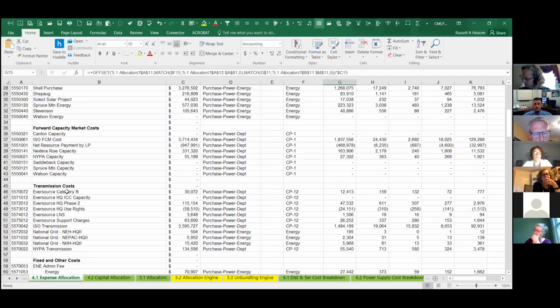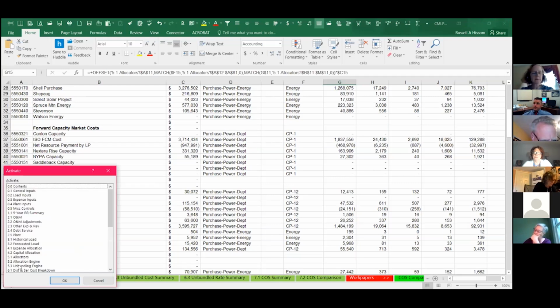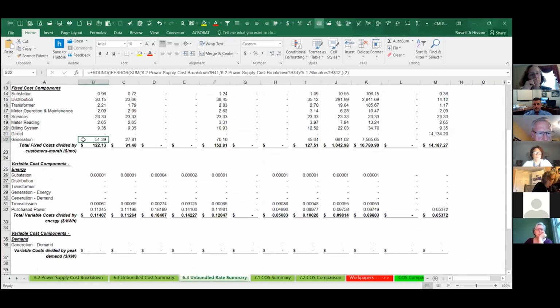So if you were to do a customer demand charge, in theory, you would take a look at that $51 and say, well, perhaps we should build a residential rate based on trying to recover that $51 based on the kilowatt usage, the demand that residential customer has on a monthly basis.